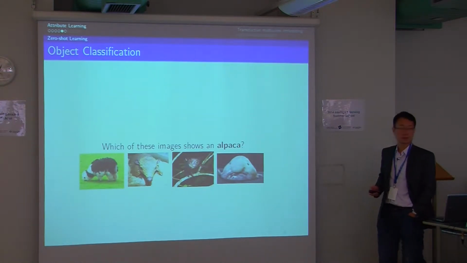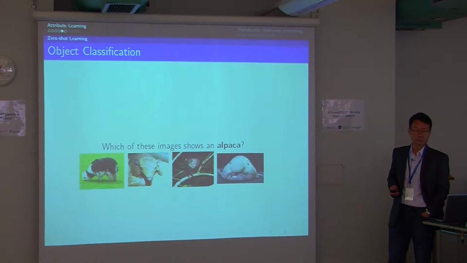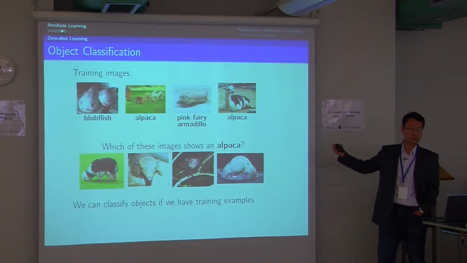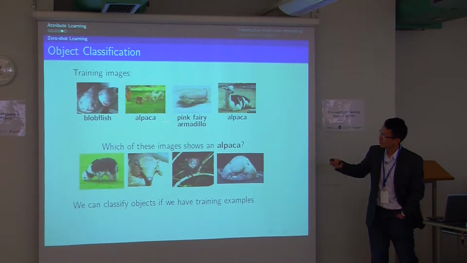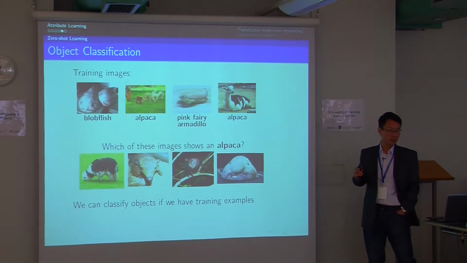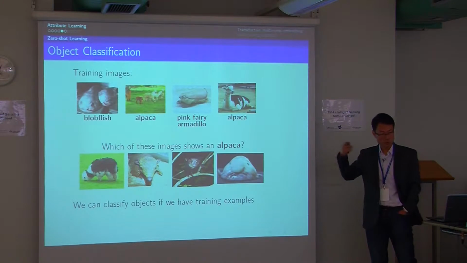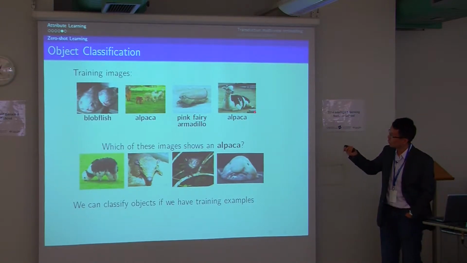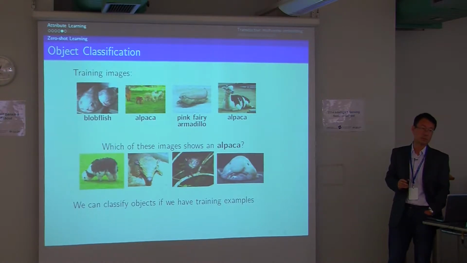So how can we recognize this particular animal class? In the conventional approach, I give you some training images and I label them according to what animal is contained in those images. You can see that out of the 4 training images, you actually have 2 examples of this particular type of animal.